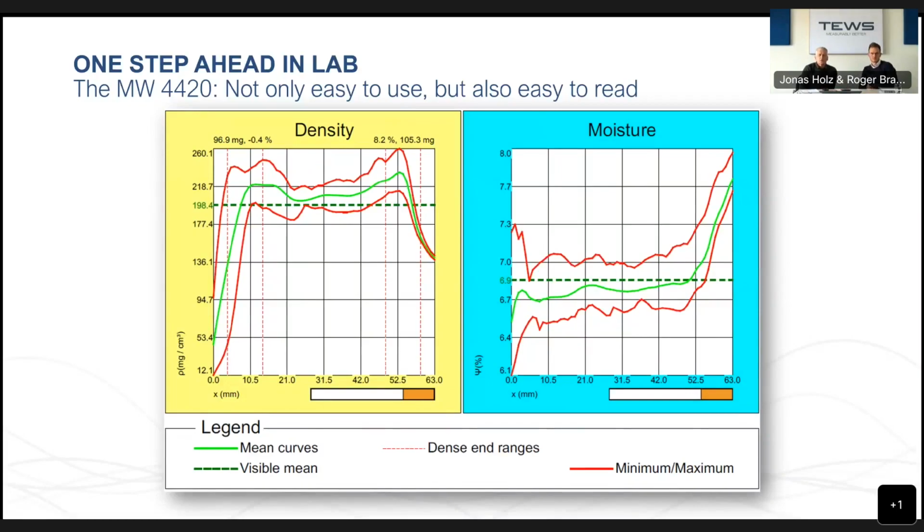But optionally, you can invite us to come to your place for a checkup at any period you like, yearly or every two years, if you like. But in most cases, the 4420 will run trouble-free.